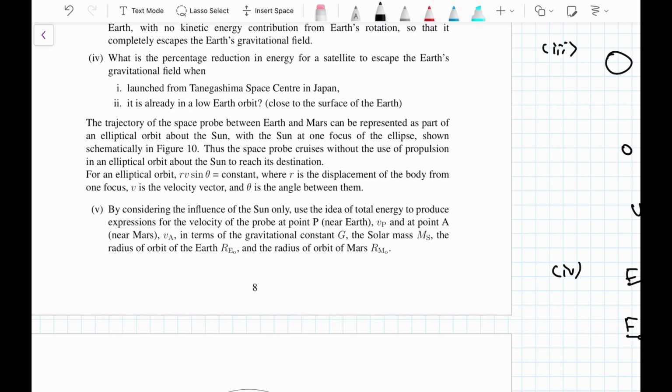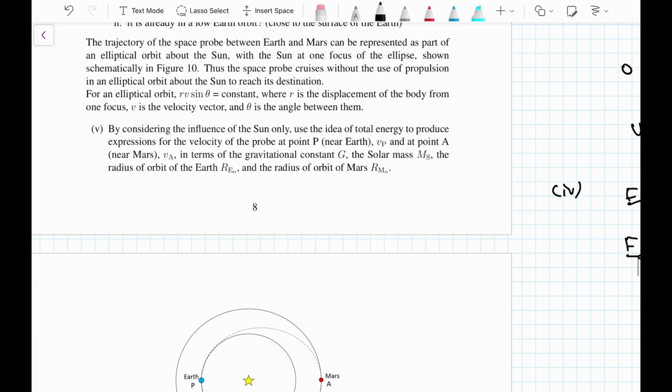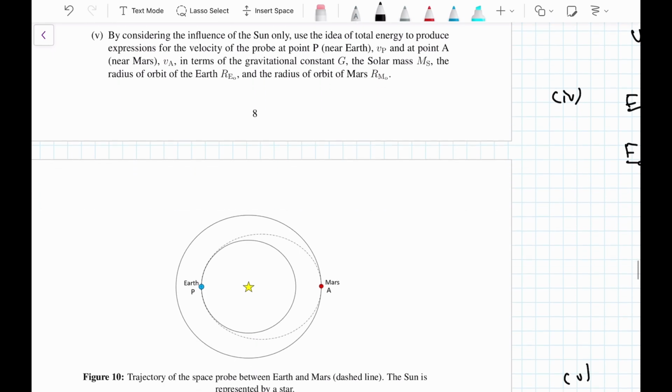Basically what we have to do is calculate the velocity at point P and point A, and essentially we have an elliptical orbit.